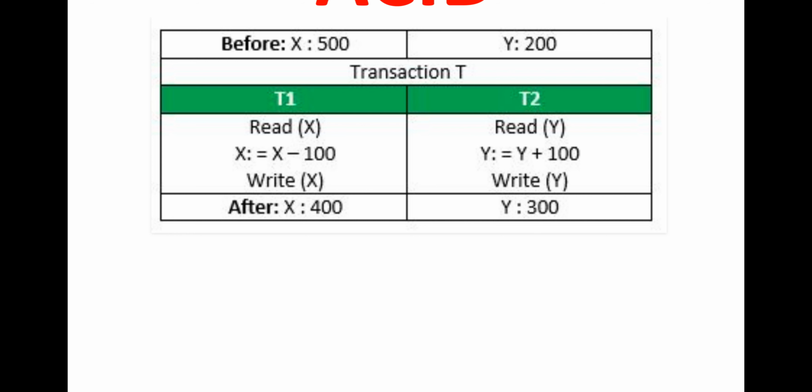Similarly, on the receiving end, we have a read operation and a write operation. The read operation reads the current balance of the receiver's account, and then the write operation adds the amount that's been transferred from the other account, and writes the new amount after the addition to the receiver's account. So you can see we have four operations.